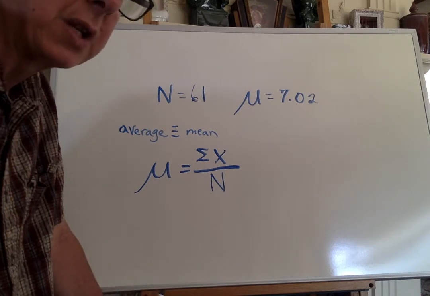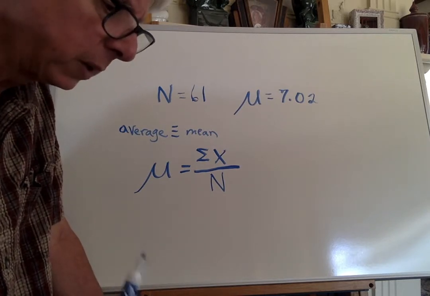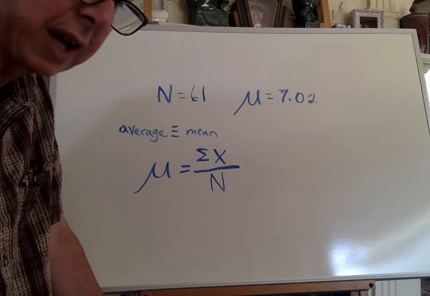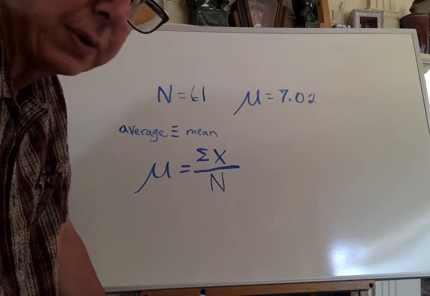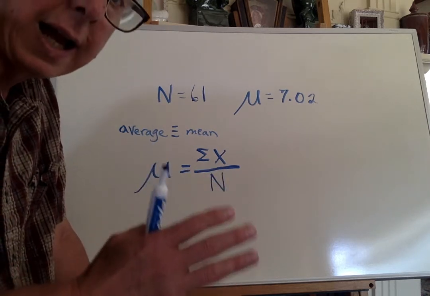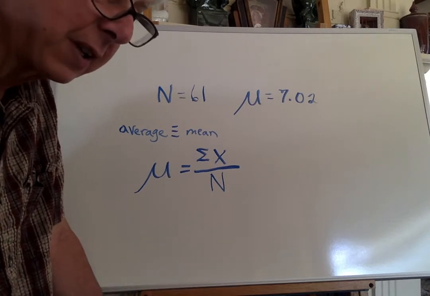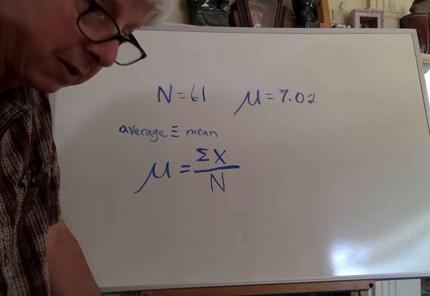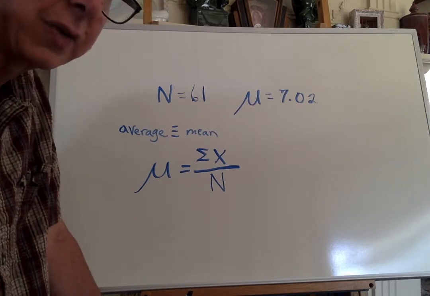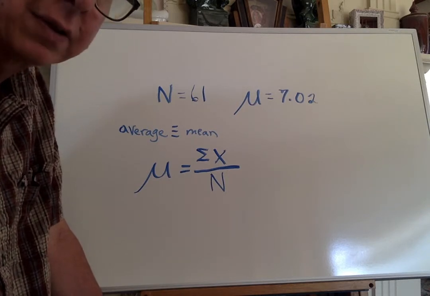If the professor comes in and says the average on the exam was a 75, well, if half the people in the class got a 65 and half the people in the class got an 85, then the average would be 75. Let me say that again. If half the class got a score of 65, and half of the class got a score of 85, we would have a mean of 75.